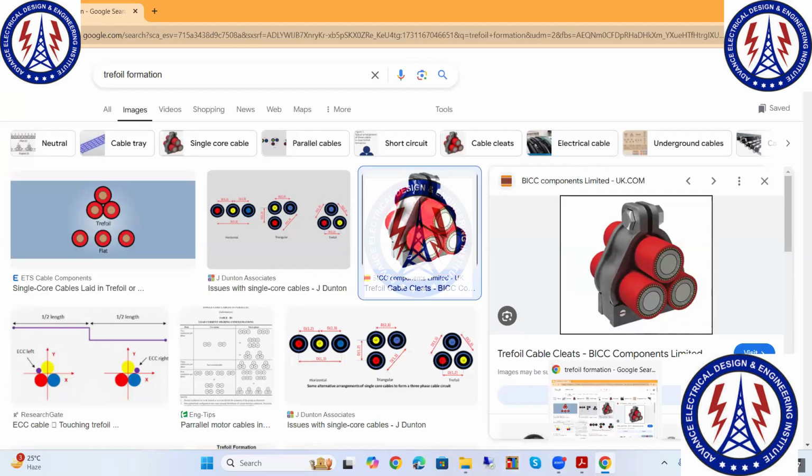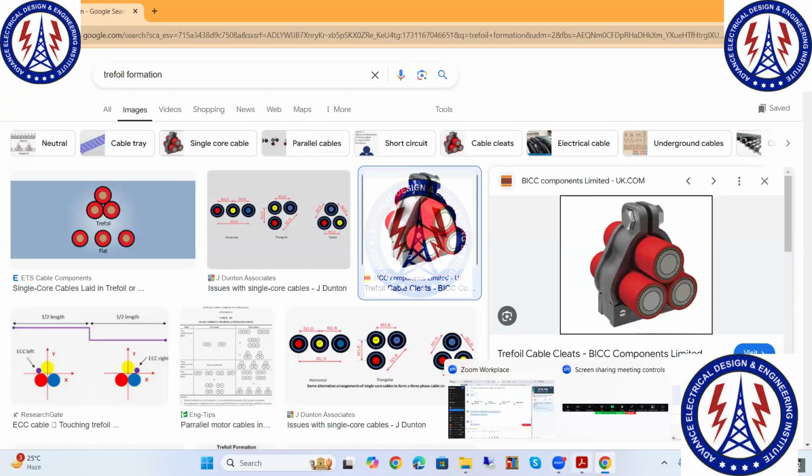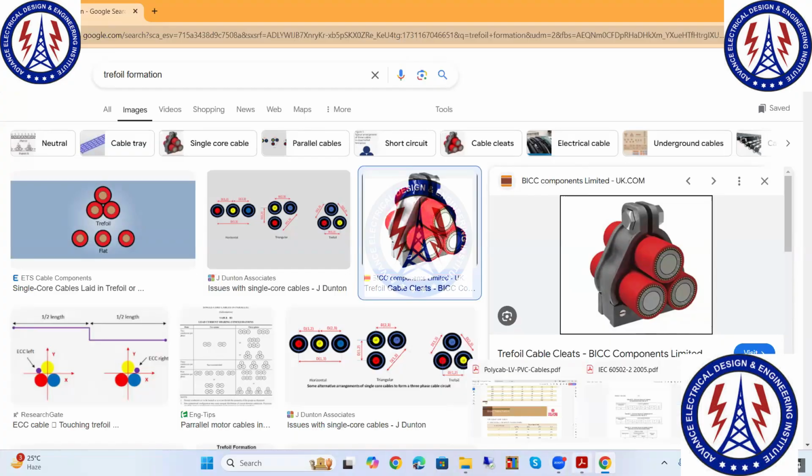If we keep this cable in flat condition, will there be any issues, or do you have to maintain any specific rule? For example, at some places I cannot keep the trefoil because of site conditions. That is a good question, let me explain. This method is recommended when you are using the cable for the transformer outgoing.